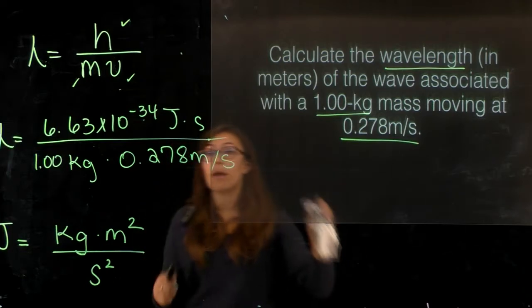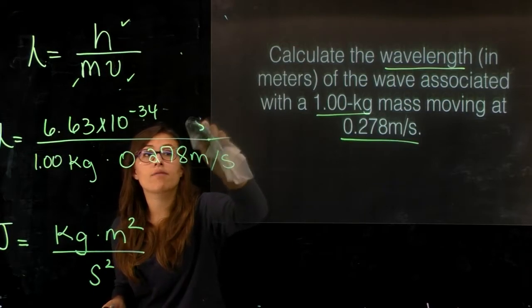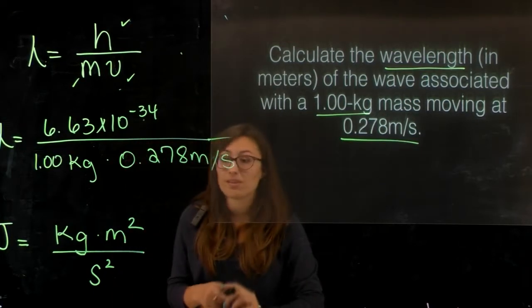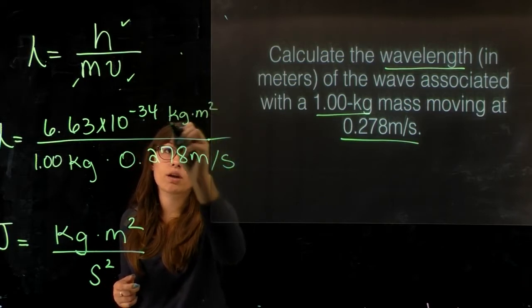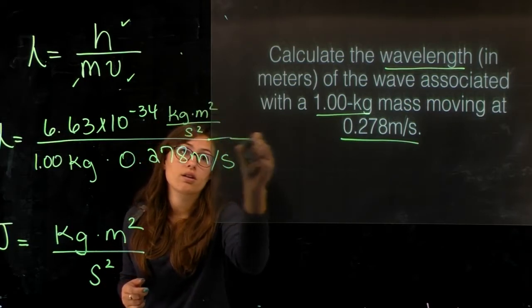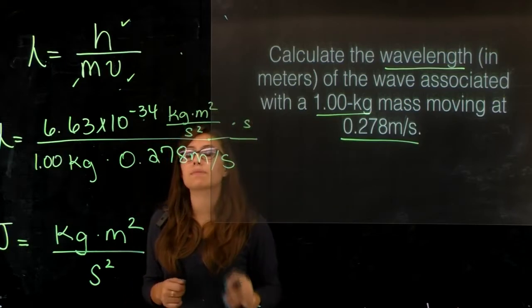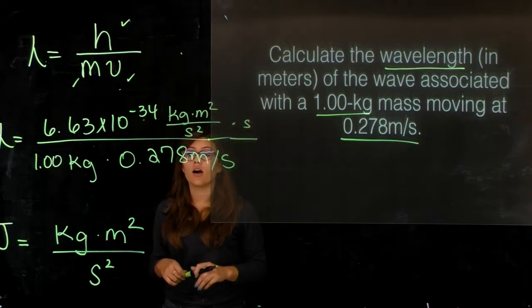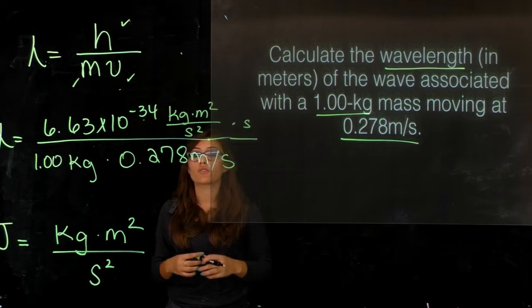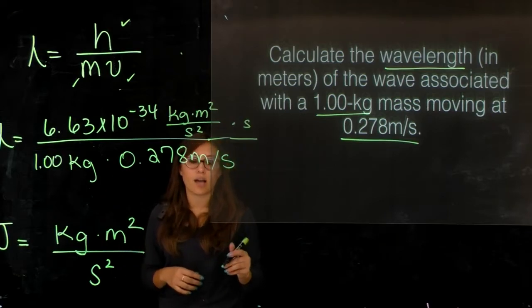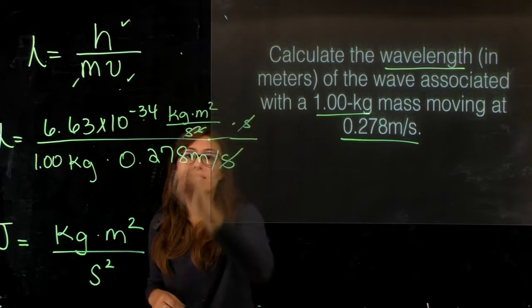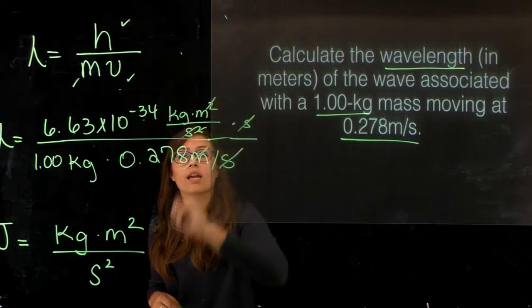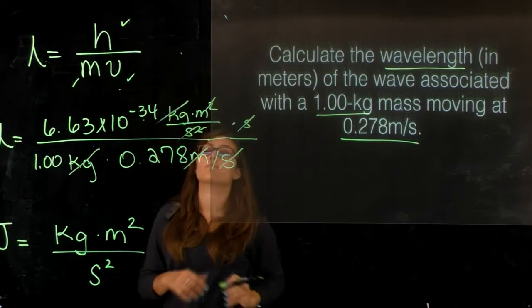If you do not remember this, you're going to have a lot of trouble canceling out these units because they just won't cancel. The times seconds is just the additional component associated with Planck's constant. So seconds cancel, the other seconds cancel, one meter cancels, and kilograms cancel.